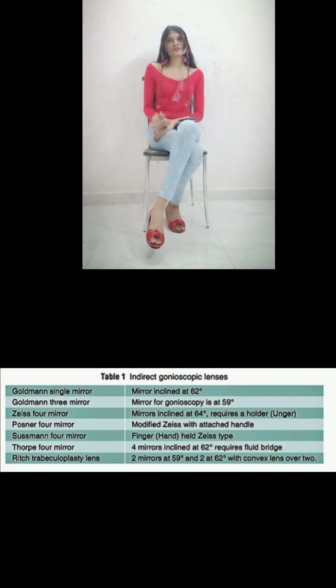But the modern four mirror lenses have a smaller contact surface area, so on indentation it pushes the aqueous humor to the anterior chamber angle, and when it is an appositional closure, the anterior chamber angle opens, and when it is a synechial closure, it doesn't open.